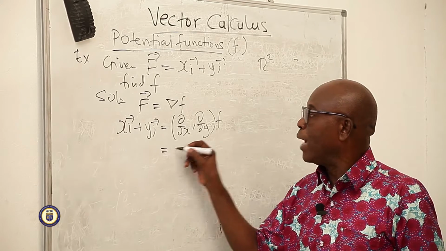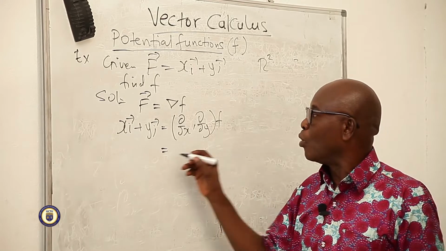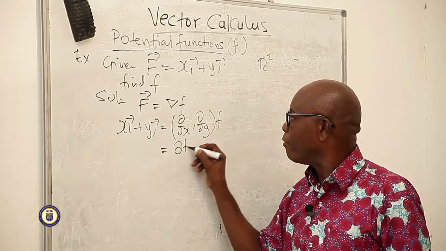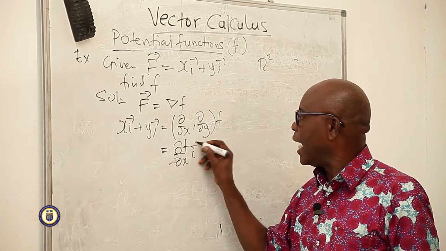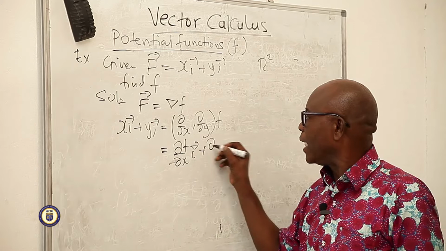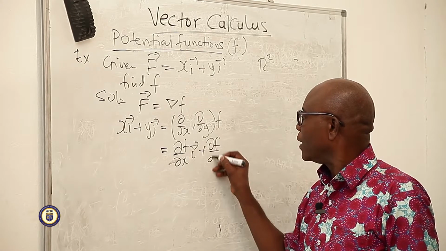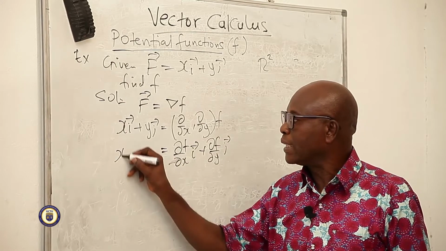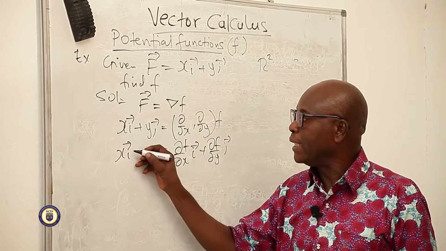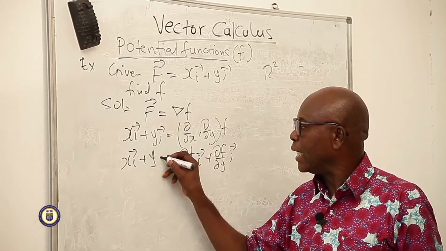And so when you expand the right side, we're going to have partial f, partial x in the i direction, plus partial f, partial y in the j direction. This is equal to x in the i direction plus y in the j direction.